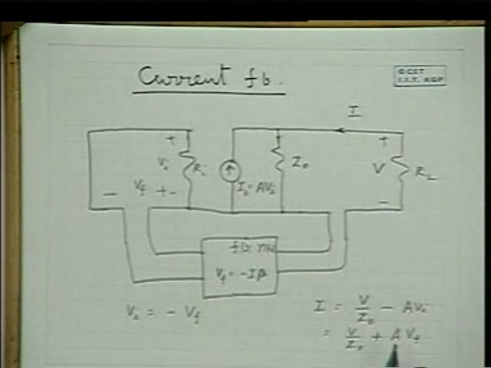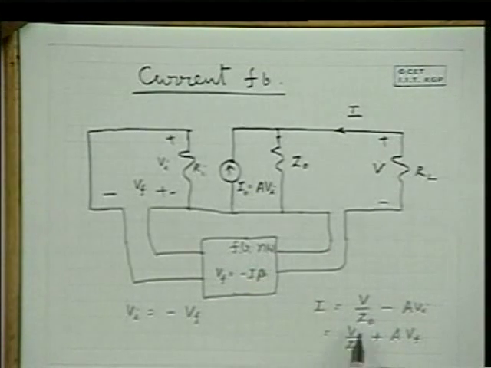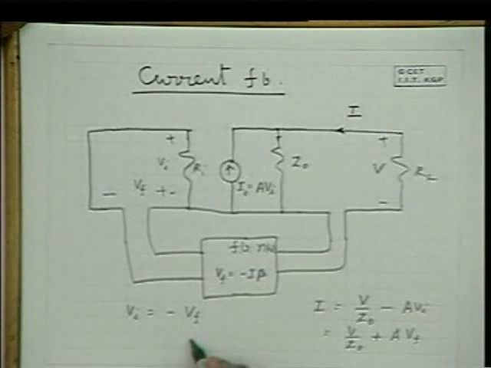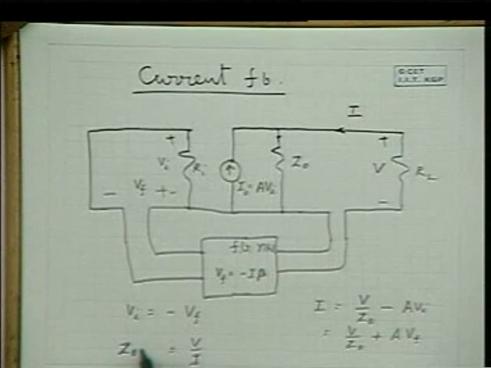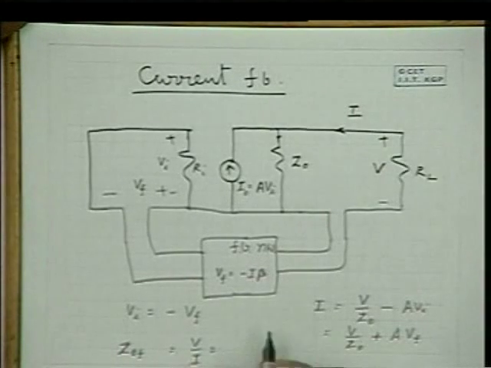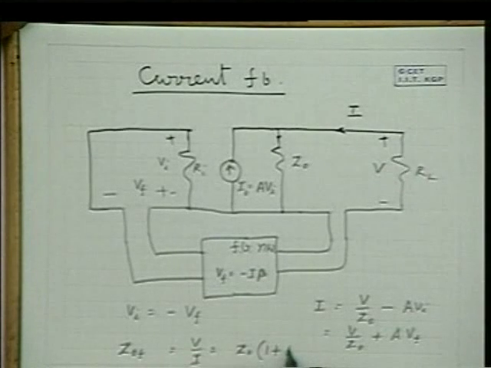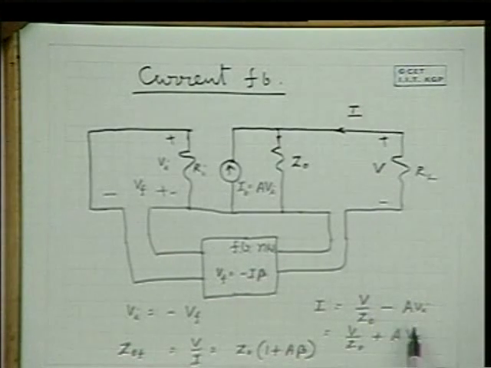Now if you substitute here, you can get V by I, that is Z0F, as Z0 into 1 plus A beta. Because you substitute for Vf here, Vf is equal to minus I beta.